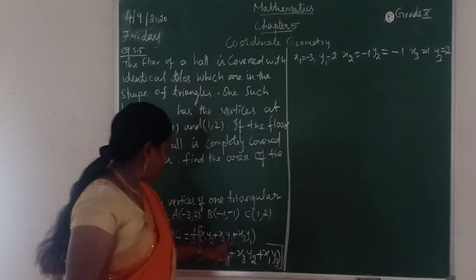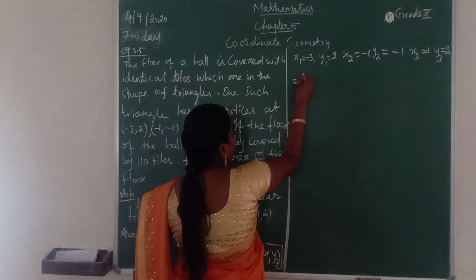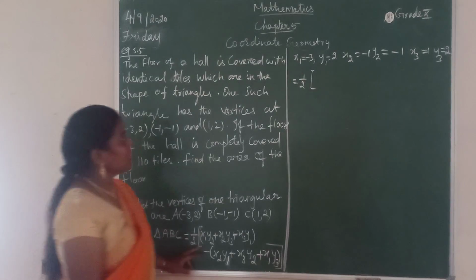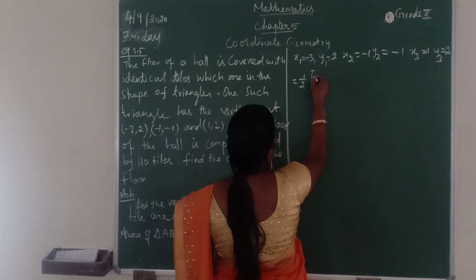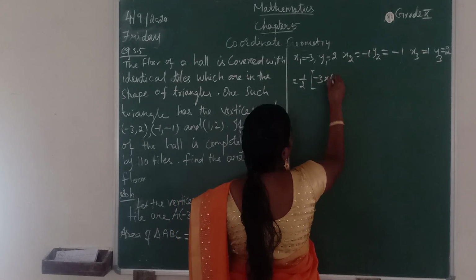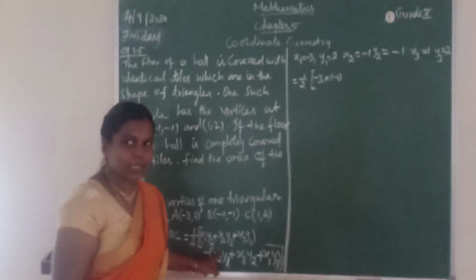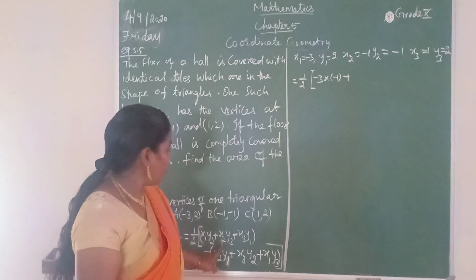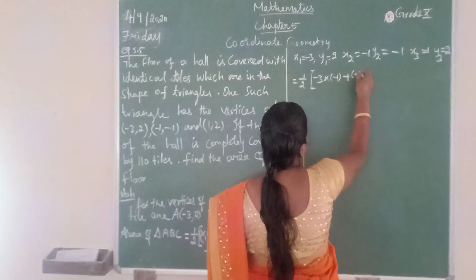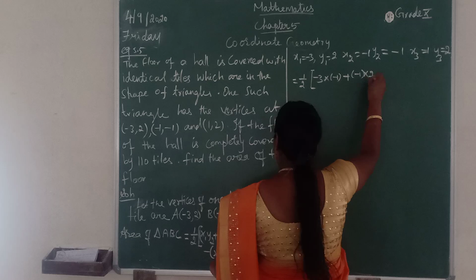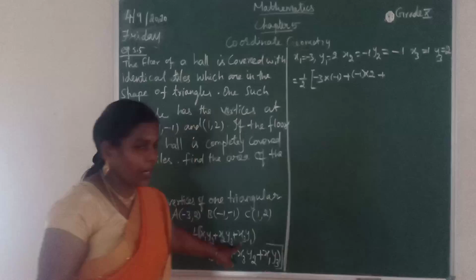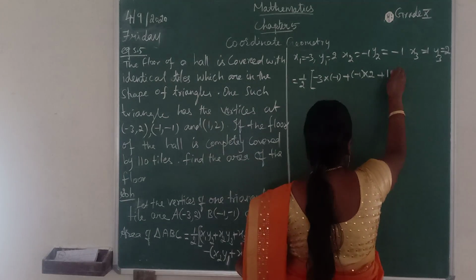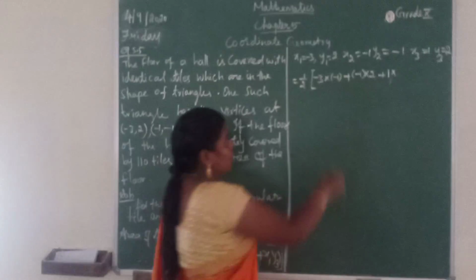Let's substitute. That is 1 by 2 into x1 y2. What is the value of x1? Minus 3 into y2 is minus 1. Then there is plus x2 y3. What is the value of x2? x2 is minus 1 into y3, what is y3? 2. Plus next term is x3 y1. That is x3 is 1 into y1 is 2.